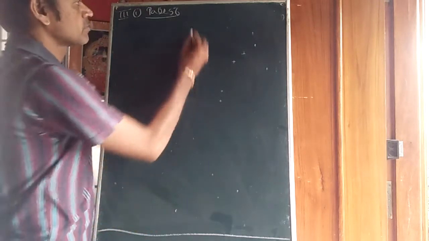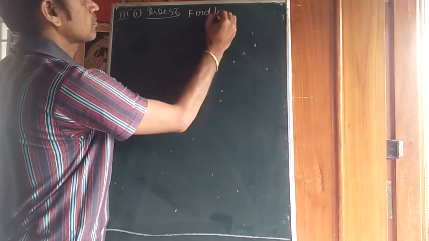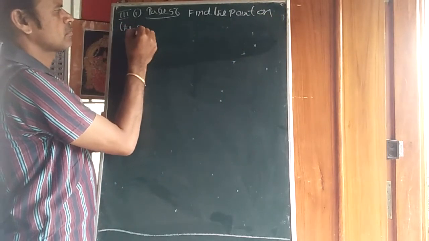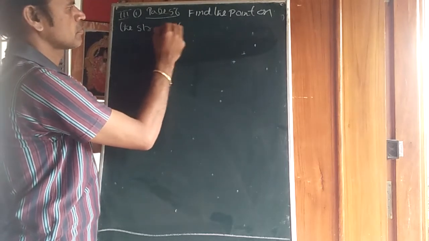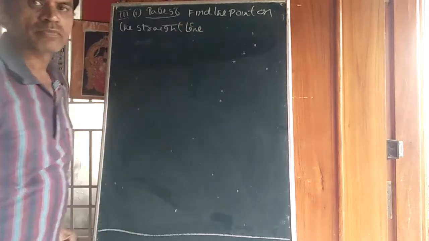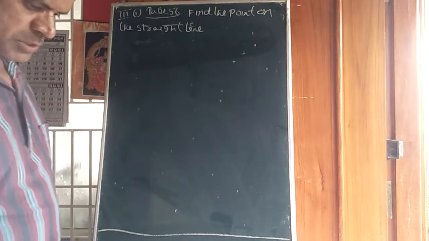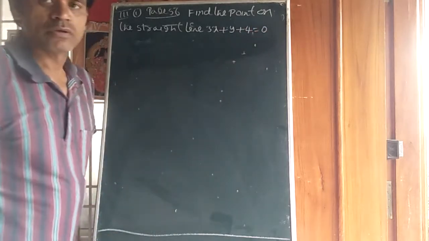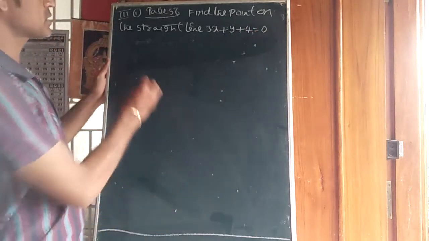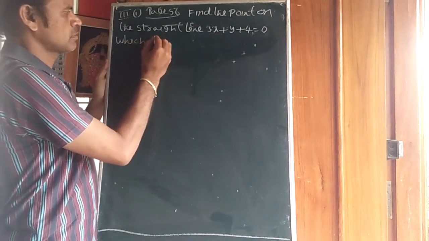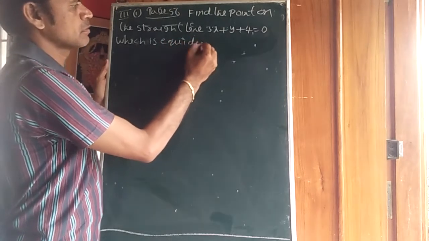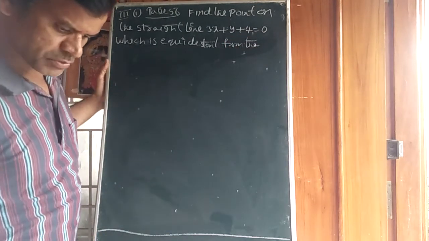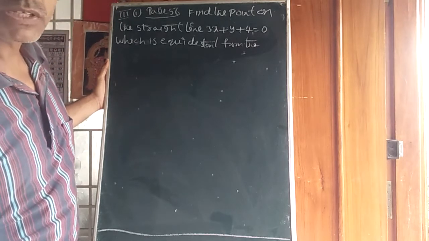Find the point on the straight line 3x plus y plus 4 equal to 0, which is equidistant from the points minus 5 comma 6 and 3 comma 2.